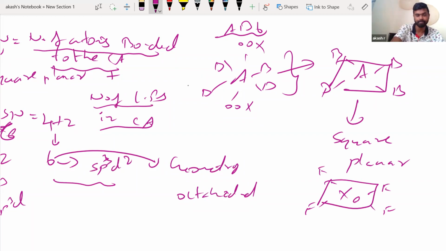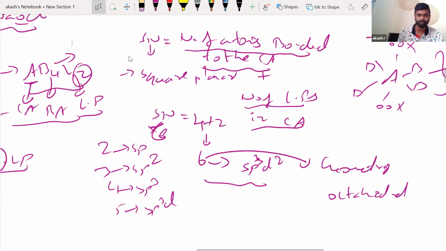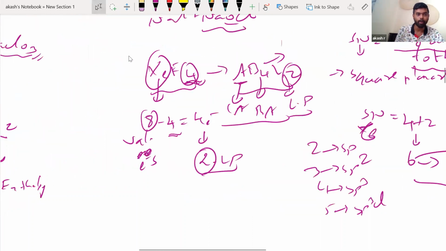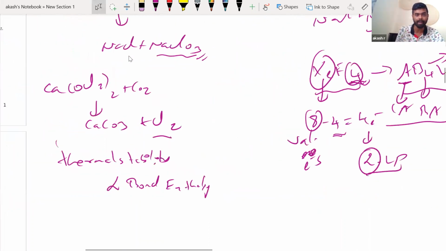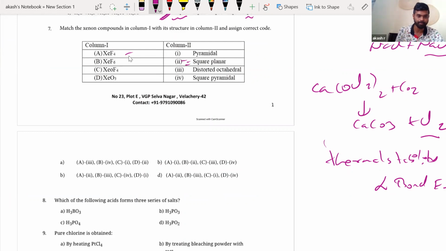This is square planar, so XeF4 is going to be square planar. So A is 2. See where I have A2, A2, A2. So C, B and D can only be answers because A and B are different. I think it's option C, I guess.